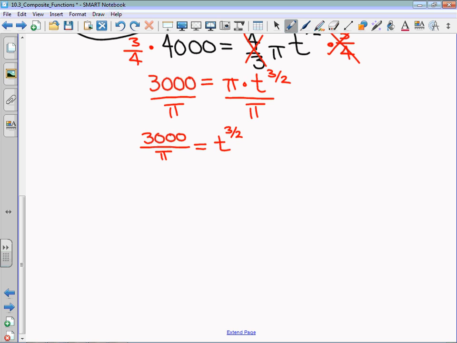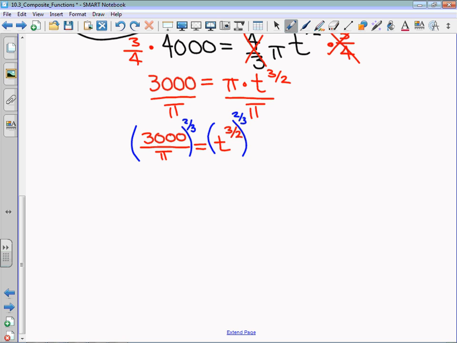Now, the big push in chapter 7 and chapter 8 is to really get you comfortable with the idea of exponential manipulation. To solve for a variable, I want to have that variable to the power of 1. If I tell you x is equal to 4, I'm really saying x to the power of 1 is equal to 4. The way I'm going to do that in this question is to take both sides and put them to the power of the reciprocal of whatever's already on my variable.